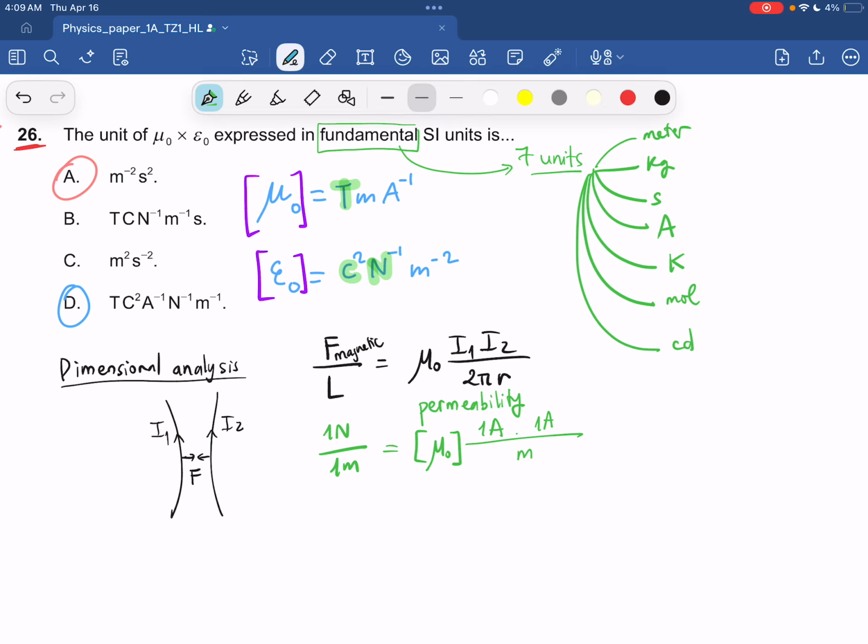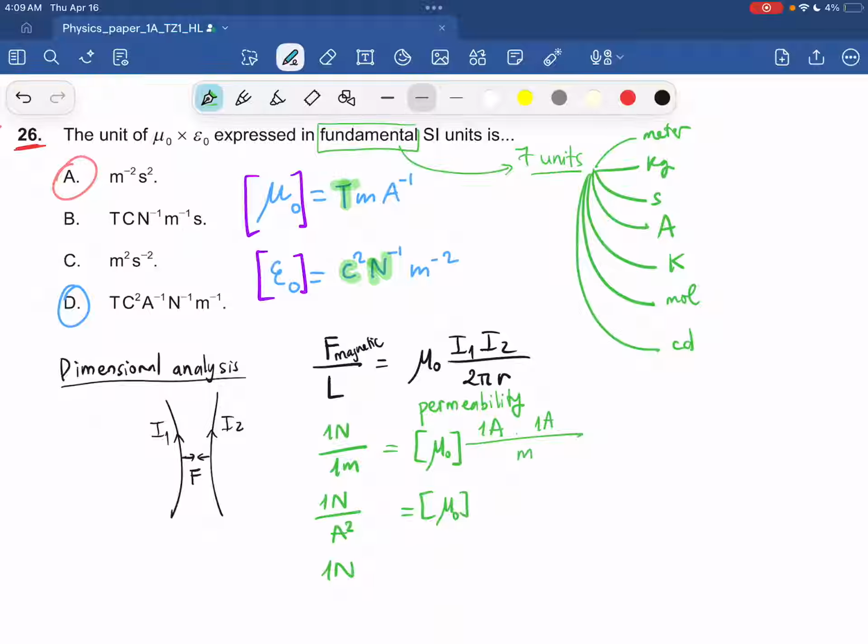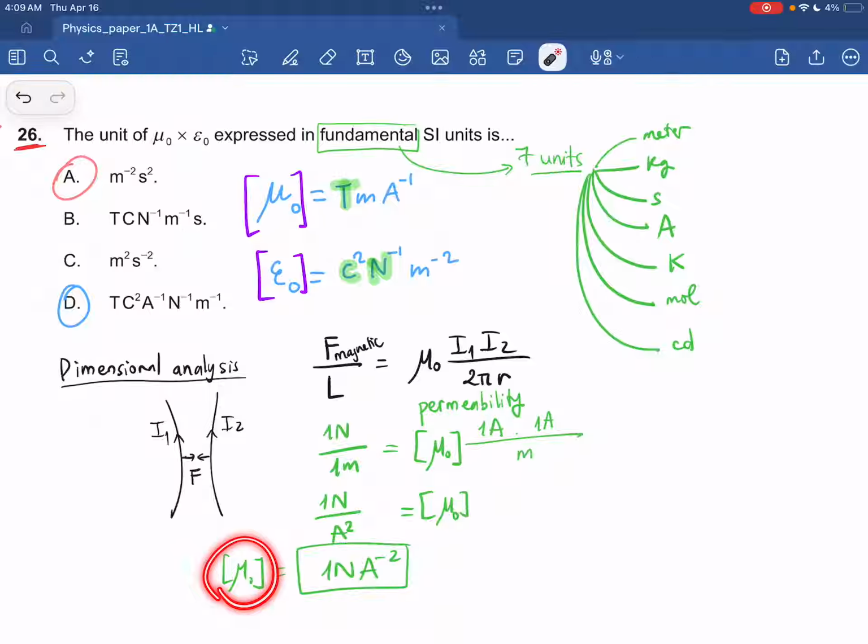So the unit for mu naught equals 1 Newton divided by ampere square. We move the ampere square to the other side, so we divide by it. Okay, so this is another way for us to write the unit for mu naught, which is a little bit different from this one.